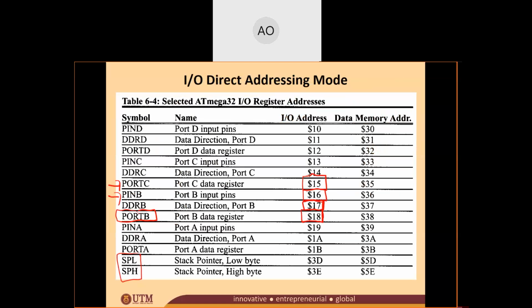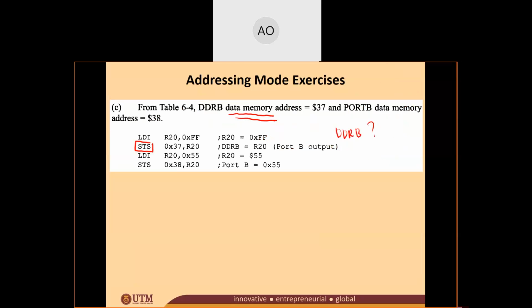This is your DDRB. The data memory address is 37. So here, STS 0x37, R20. Automatically after you execute this line, port B is an output port.